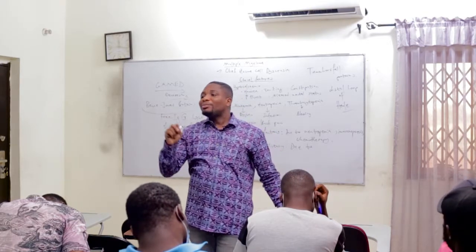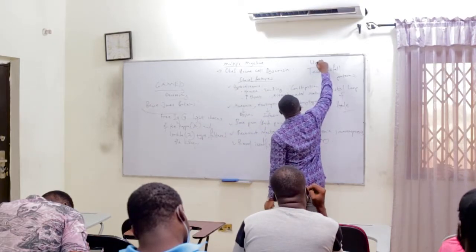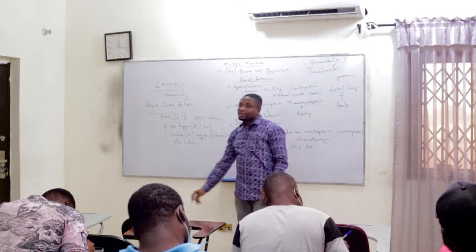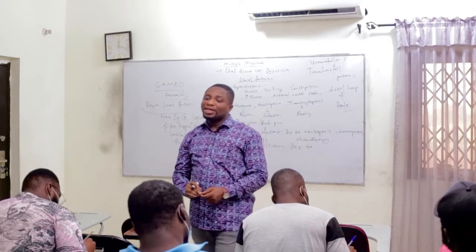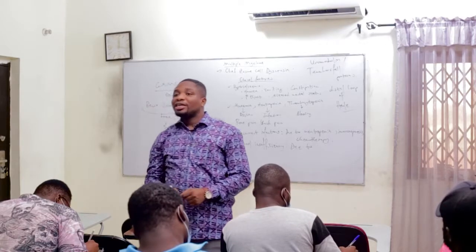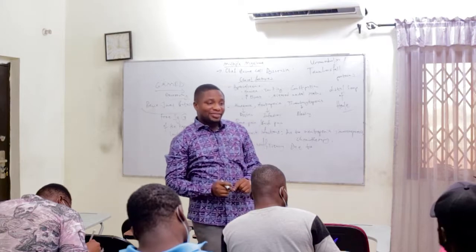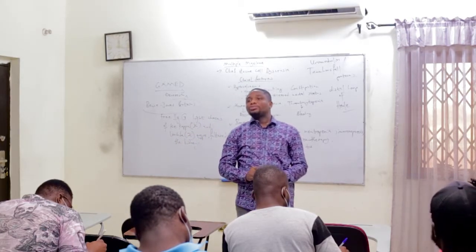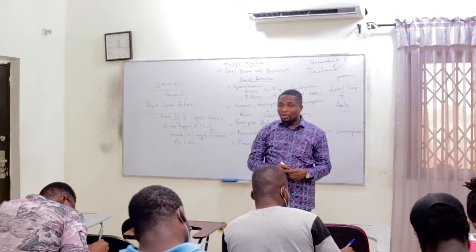Because of that, the Tamm-Horsfall proteins are also known as uromodulin. Okay? They bind to bacteria, inactivating them, decreasing the incidence of urinary tract infections. That's what we call the Tamm-Horsfall proteins.